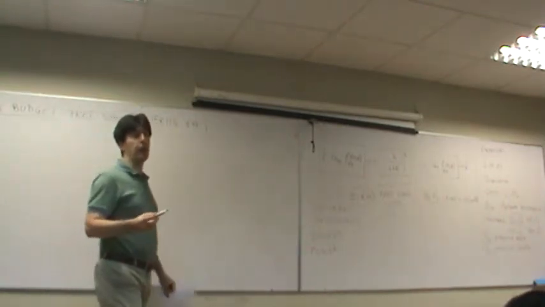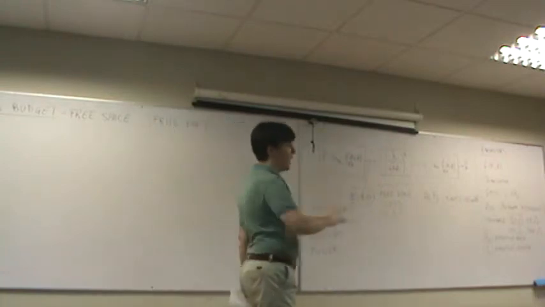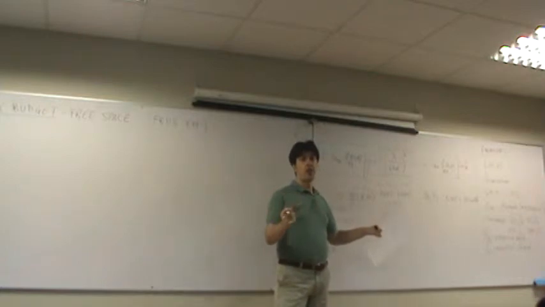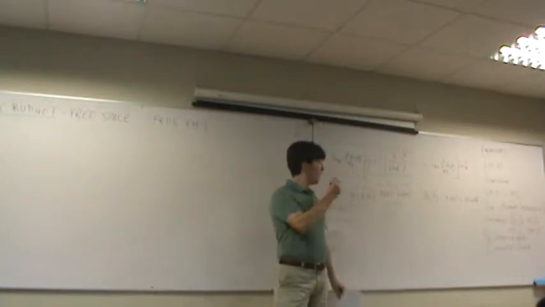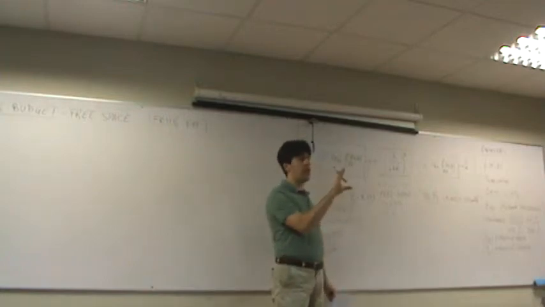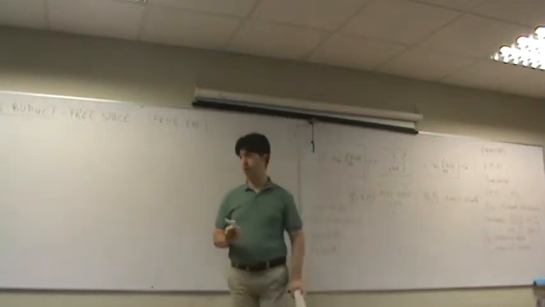Okay, now usually when you design a radio link, you choose or point the antennas so that the directivity functions are maximum. You point the antenna in the direction of maximum radiation.